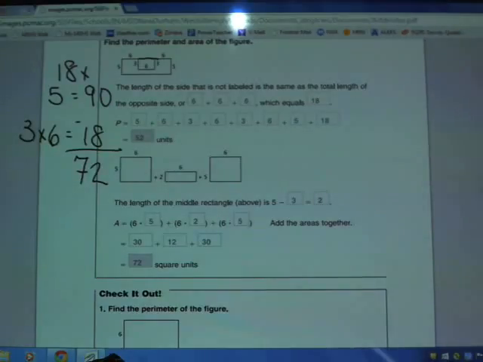Do whatever is appropriate for the question. There are times where it's going to be easier to divide it up and work it in pieces. There are times where it's easier to make a more complete shape and then take the little bit you add on off to come up with the solution. In this particular question, adding a little bit and then subtracting it off seemed like a little bit less work to me and might have seemed like less work to you. Again, it really just depends on the question.